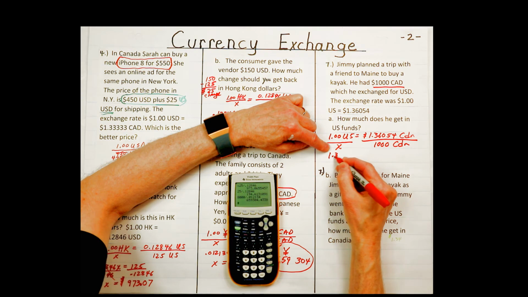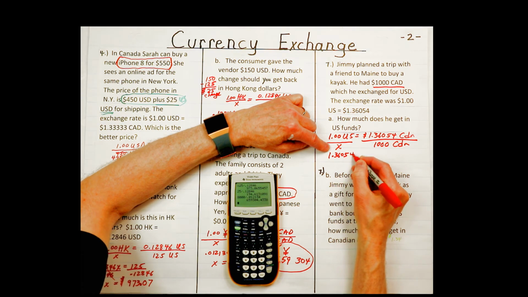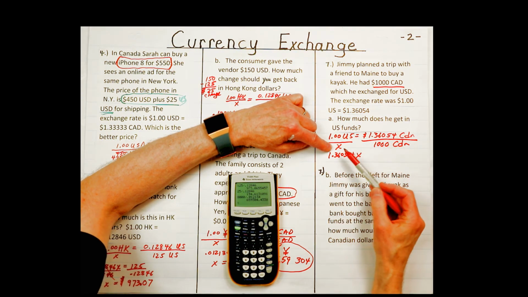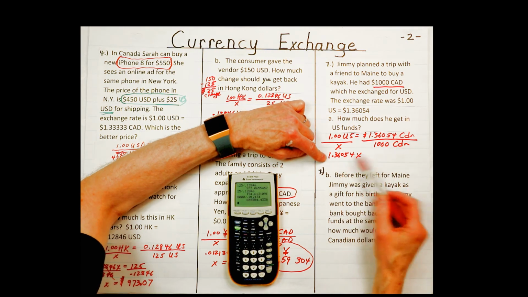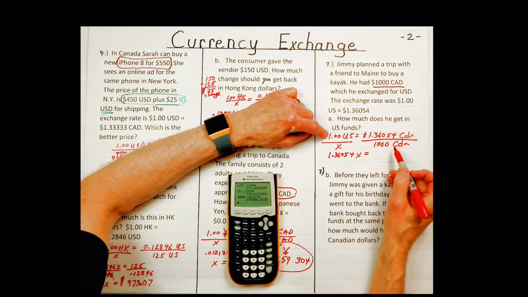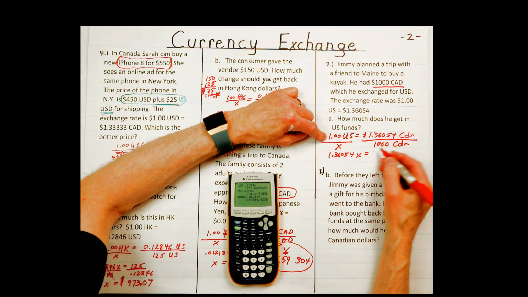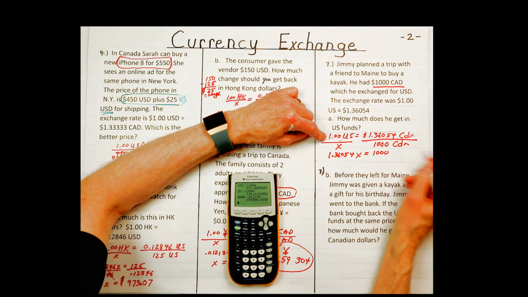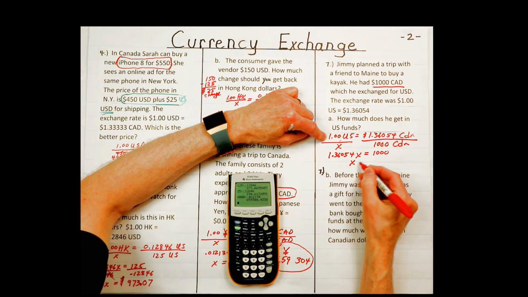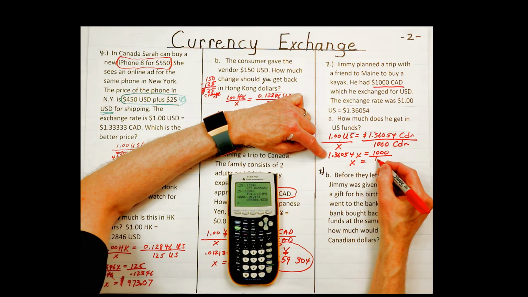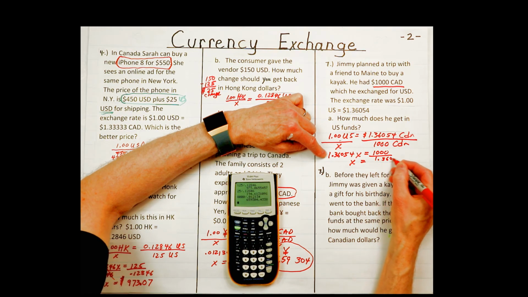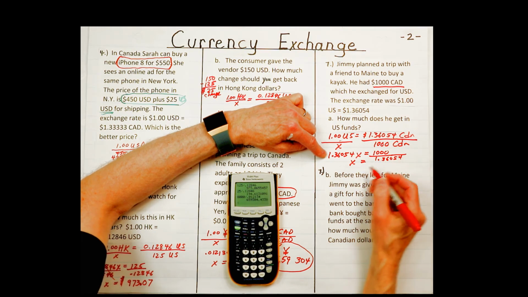So 1.36054X, so we're cross-multiplying X times 1.36054. And with the other cross multiply, 1 times 1,000 is 1,000. And we're going to divide both sides by 1.36054.